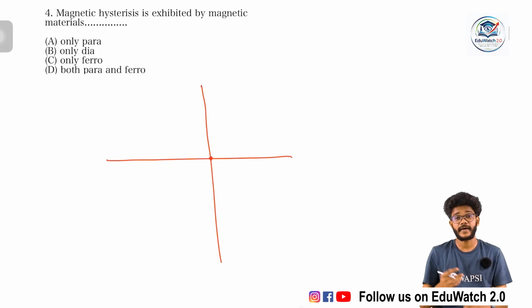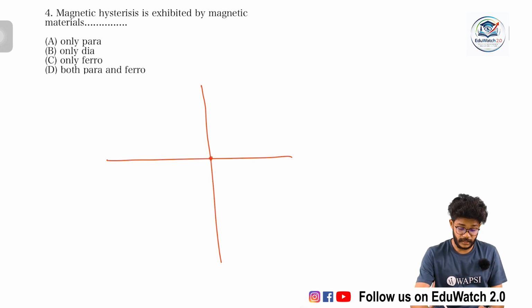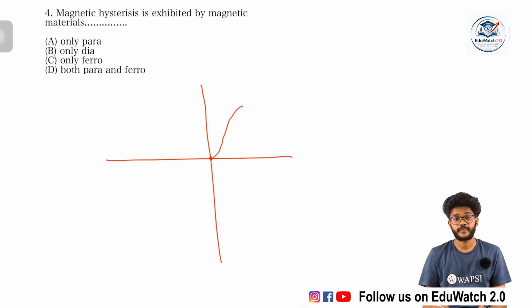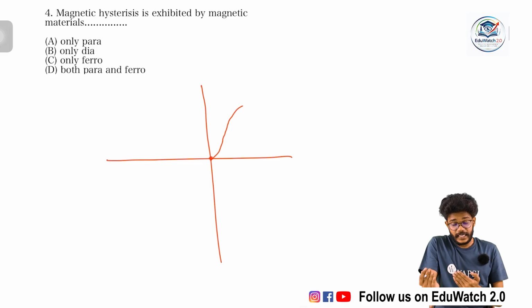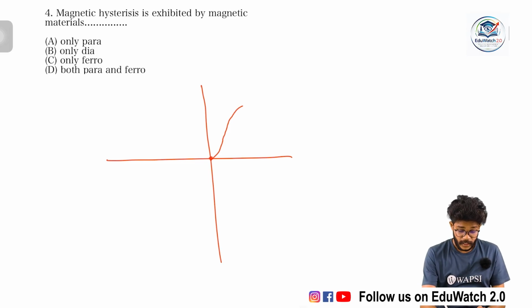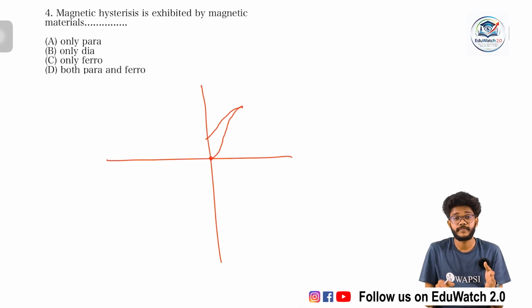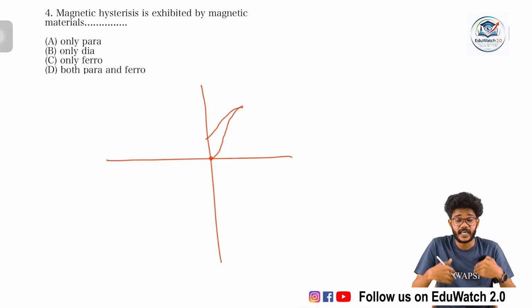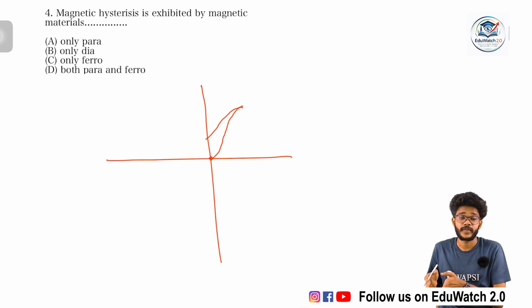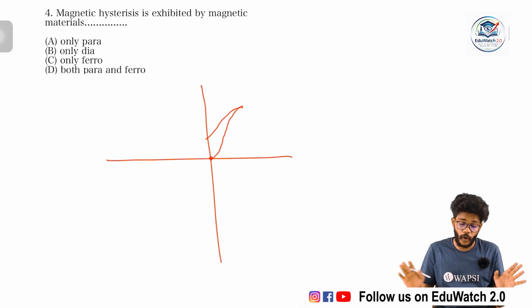When we give a magnetic field, the material starts to magnetize linearly and it will stop at a saturation level. Then demagnetize it. It will not lose all the magnetic property when the magnetic field we are giving is getting to 0.